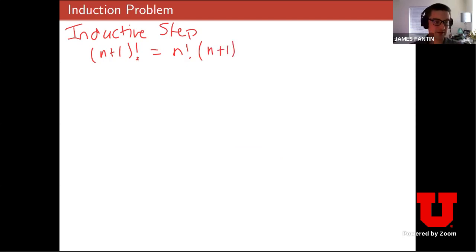Yes, perfect. That's how factorial works, because factorial is just the multiplication of all the elements lower than that value. So n plus 1 factorial would be n factorial times n plus 1. Perfect. And then what can we do next?